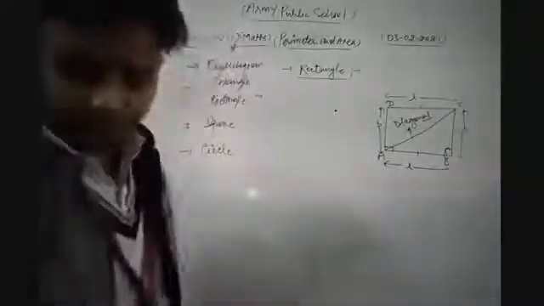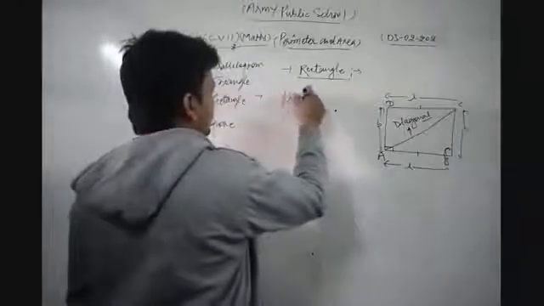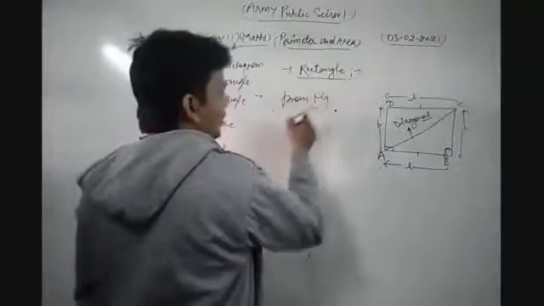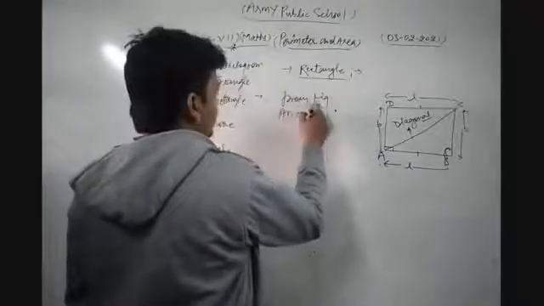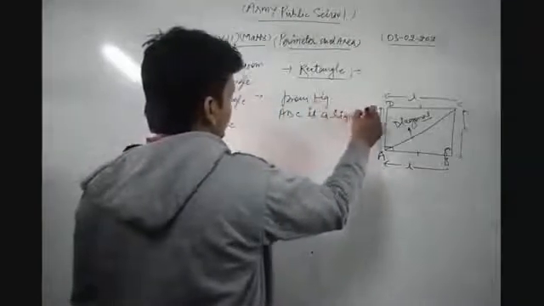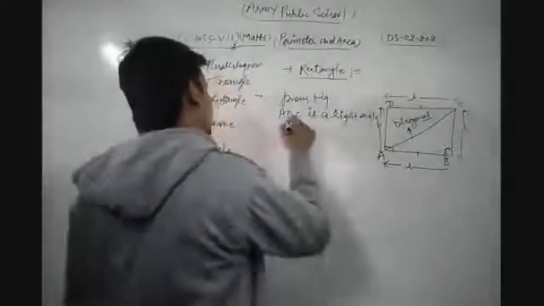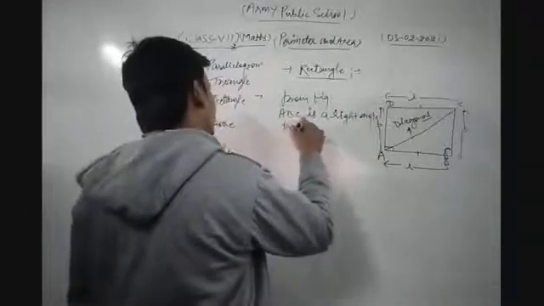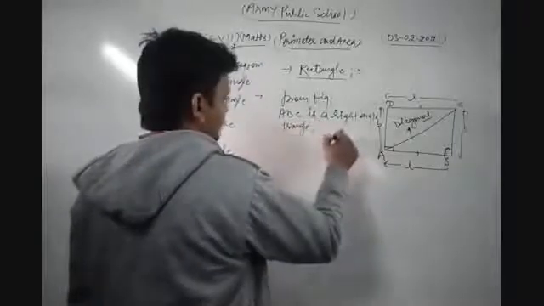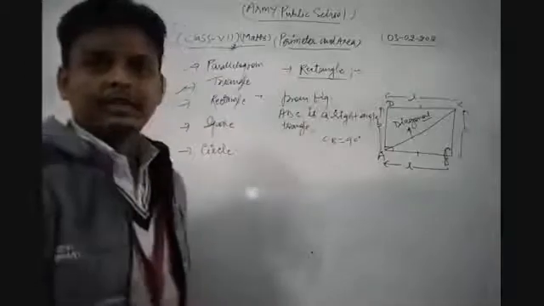Dear student, from the figure, ABC is a right angle triangle, right angle at B, that is angle B is equal to 90 degrees.